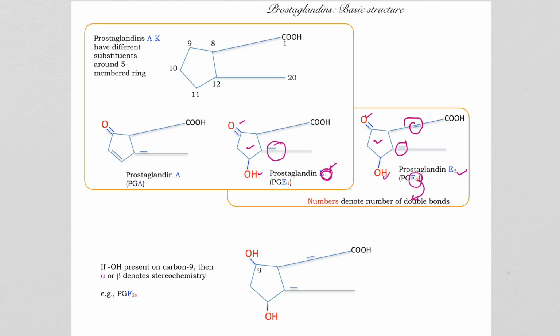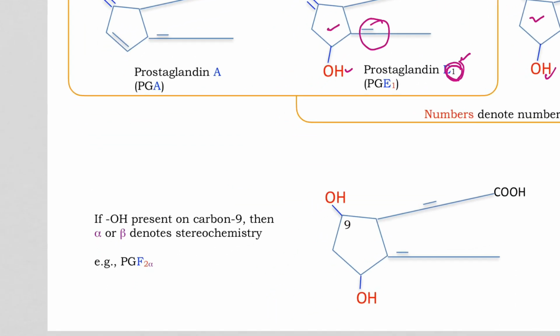Then the chemistry can get a little bit more complex. Sometimes you see things like alpha, beta, and that's because at carbon 9, if there is an OH present, then alpha or beta denotes the stereochemistry at carbon number 9.